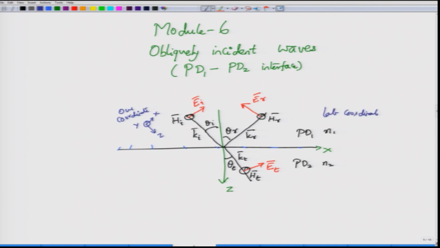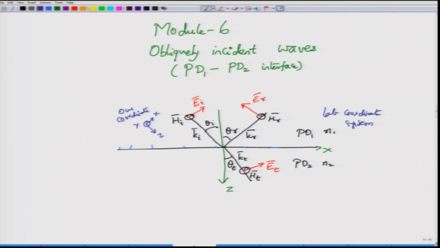When I say lab coordinate system, it is the coordinate system that is chosen before we actually had this light coming in. If we look at our coordinate system, we just have a transverse electromagnetic wave, which is the plane wave propagating along the z direction, whereas in the lab coordinate system, the wave is not propagating purely along the z axis, but it also has a component along the x axis.